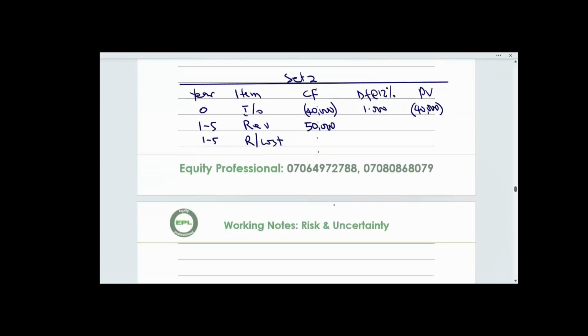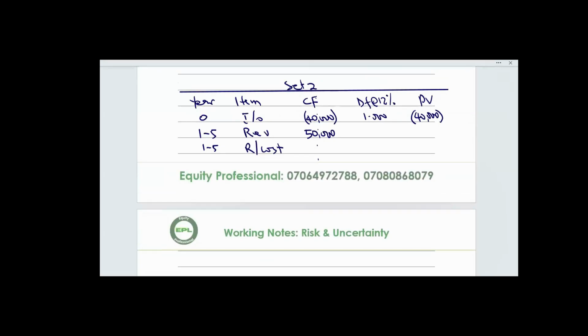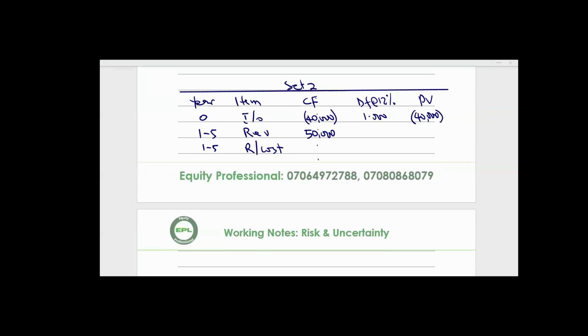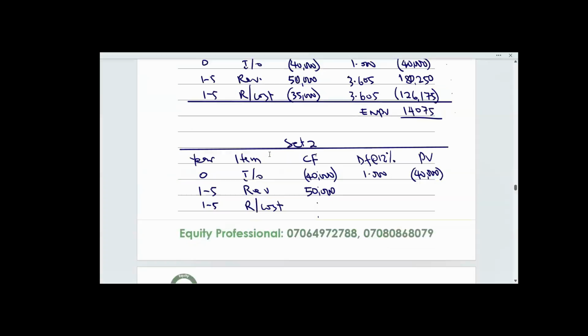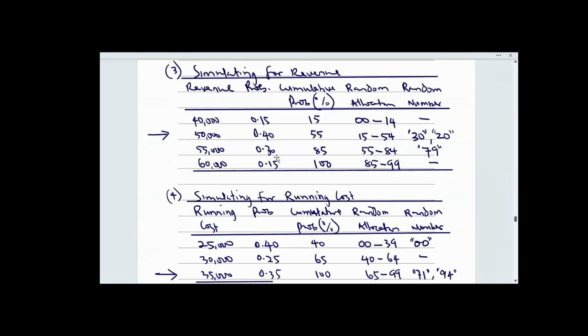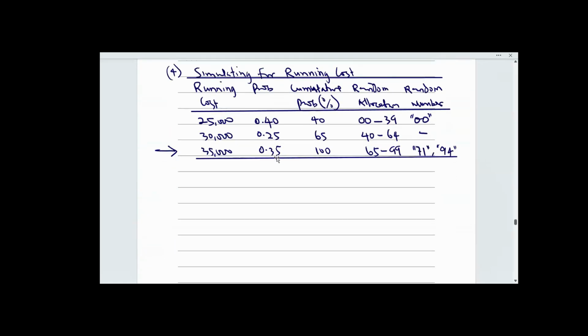Then for set 2 running cost, that's 00. You trace it from your simulation for running cost. 00 is on the first row, which is 25,000.